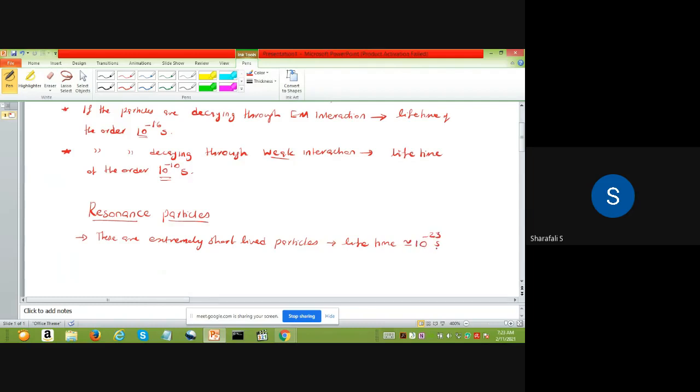So obviously the interaction will be strong interaction. They are called extremely short-lived particles.